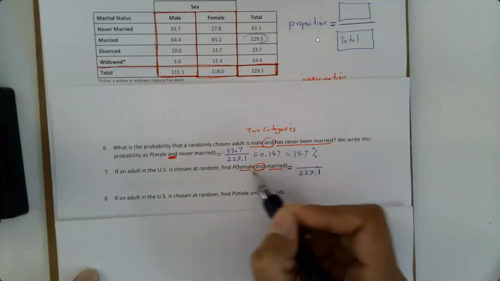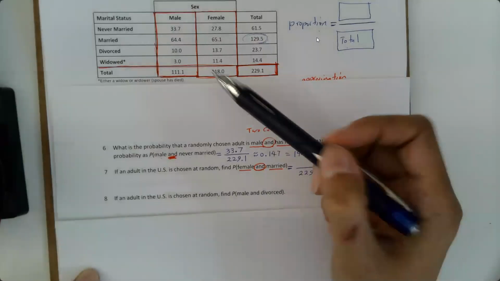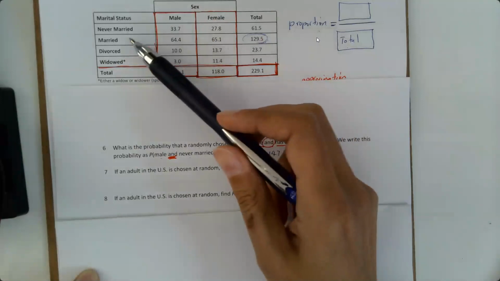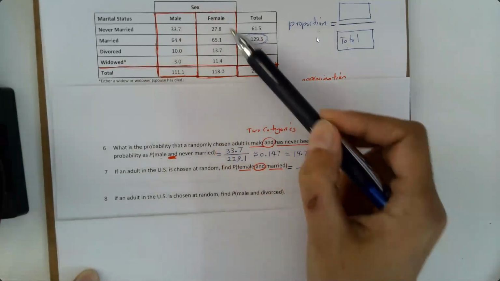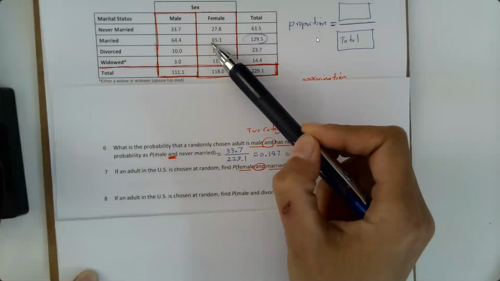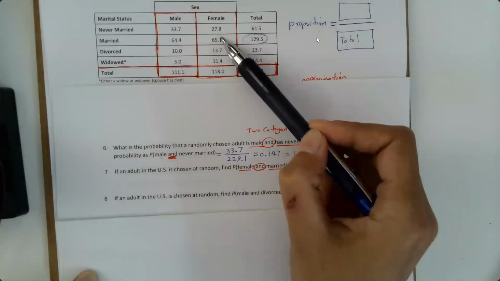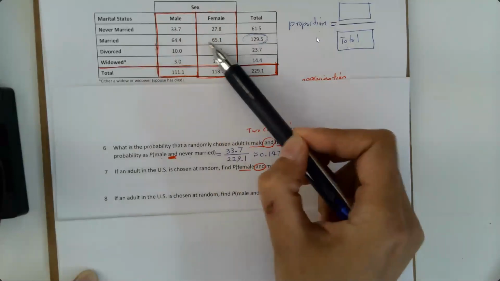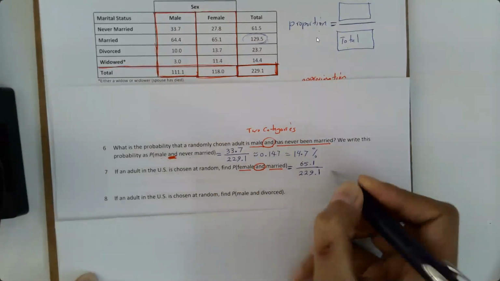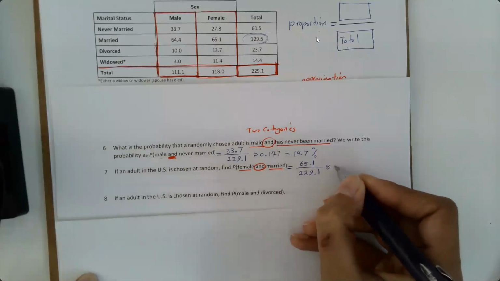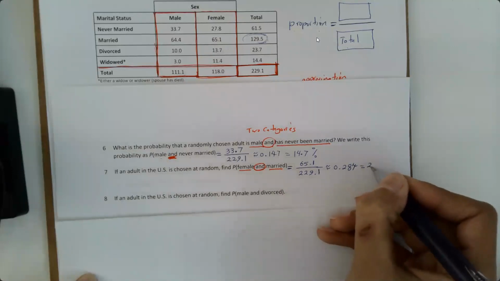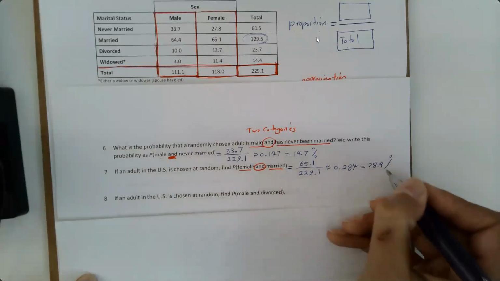On the numerator, however, we are looking at the female category who are married, which is 65.1. The approximation is 0.284 or 28.4%.